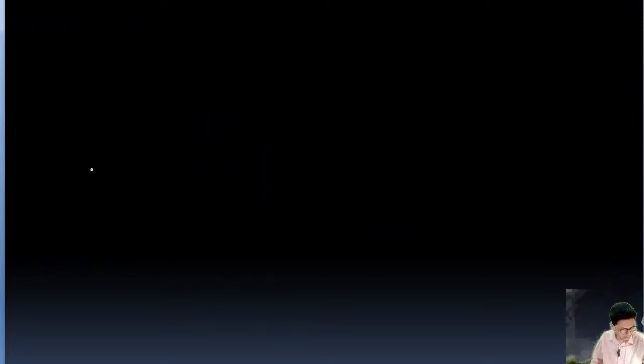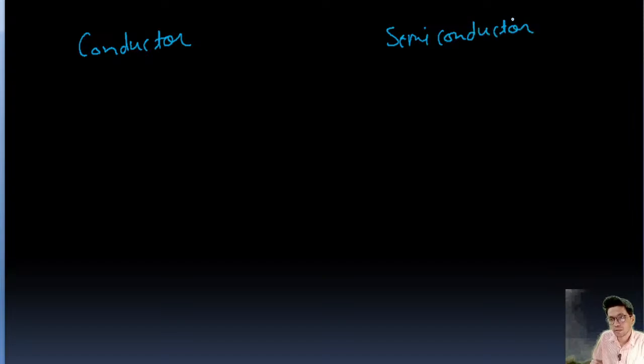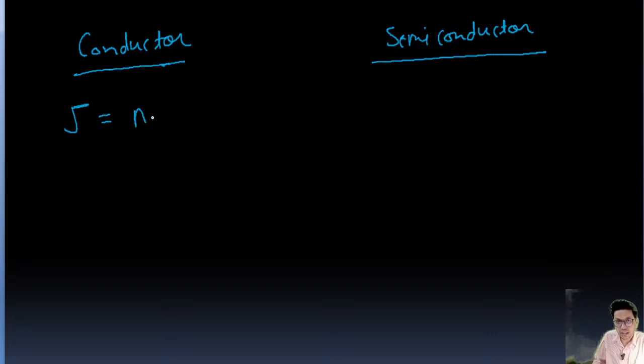Next, if you compare a conductor and a semiconductor. For a conductor, the current density is J equal to Ne Vd, or Ne mu E, since Vd equals mu E. Mu is the mobility of the electron, N is the number of electrons, and e is the charge on the electron.